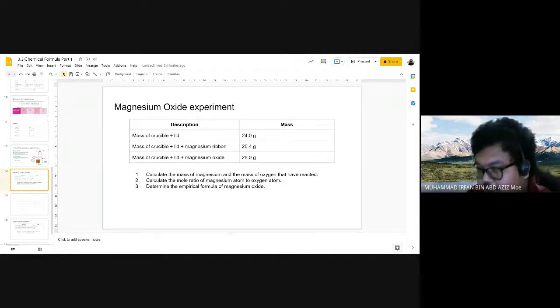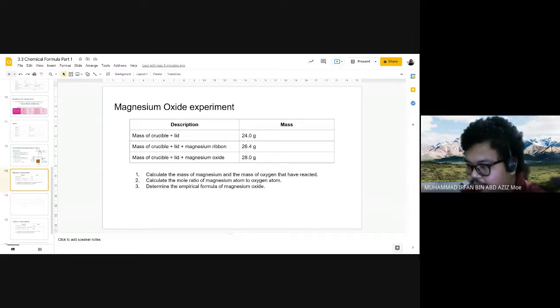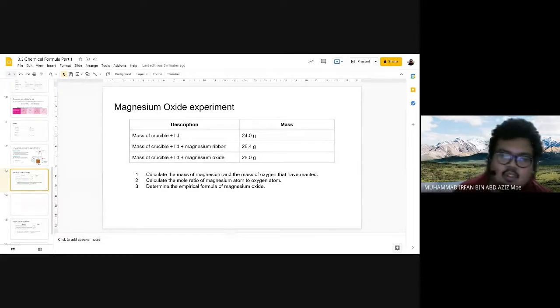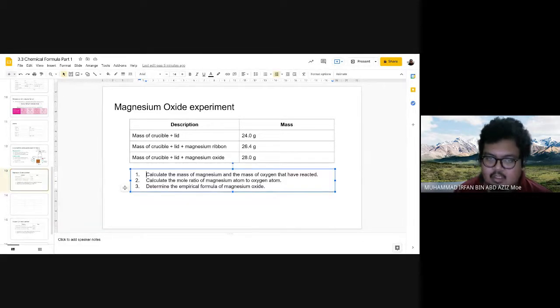You will get 1.6 gram. Okay, Franklin dah cepat dah tu. Laju sangat. Okay, you need to kena calculate dululah. Kena calculate dulu. Soalan ni ikut flow.